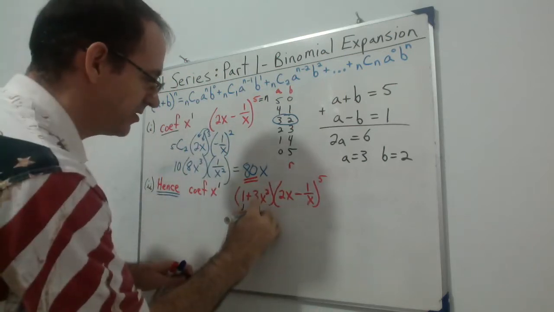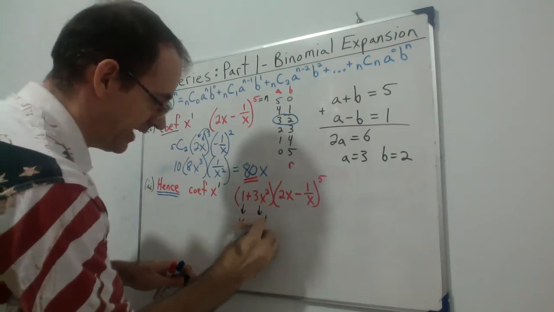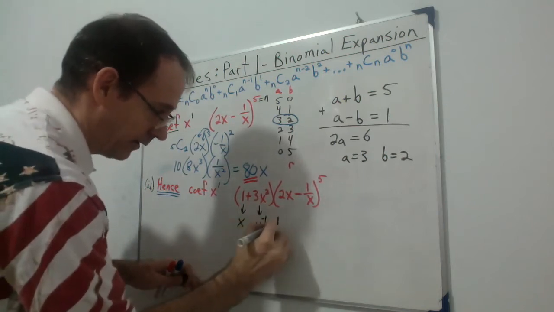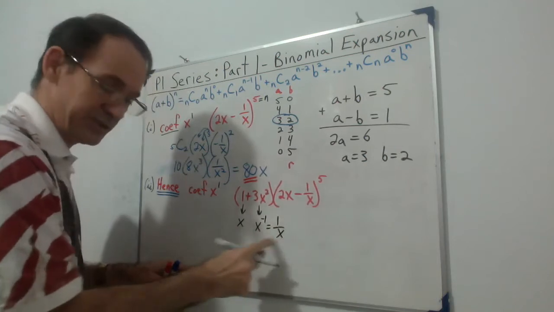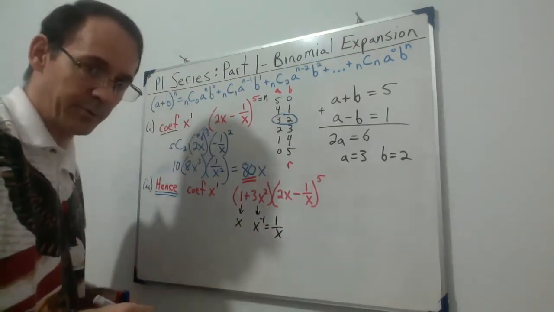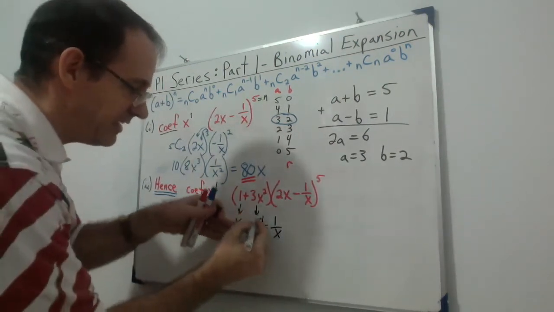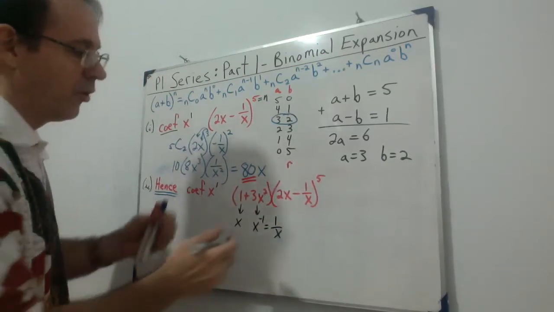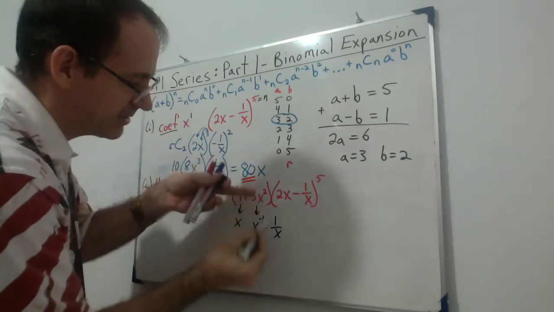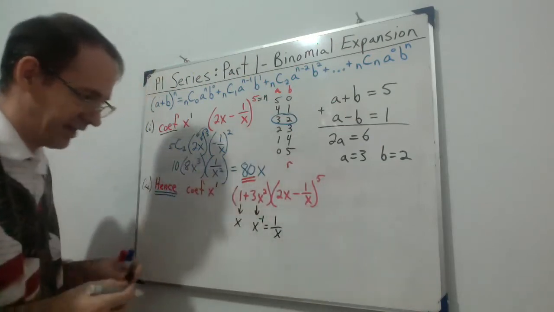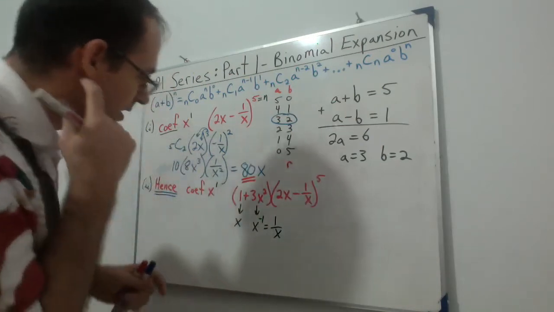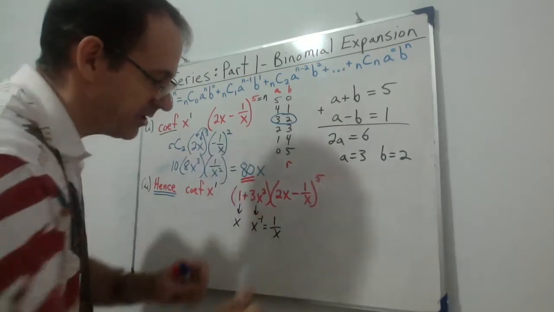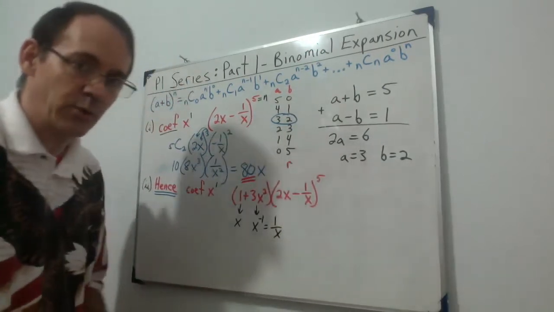So I need this to multiply by an x to the negative 1 or 1 over x. You can use whichever notation you feel comfortable with. So we need to deduct an x to get to x. Or if you think of division, x squared divided by x cancels to x. So these are the two particular terms in the expansion that we want.